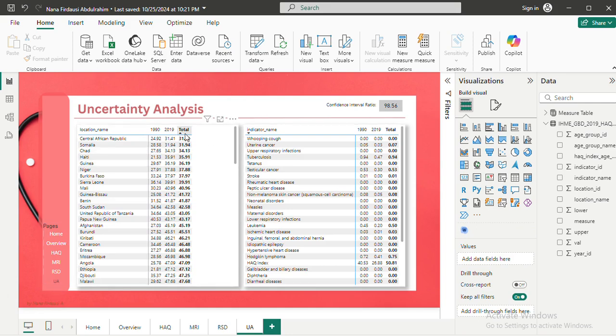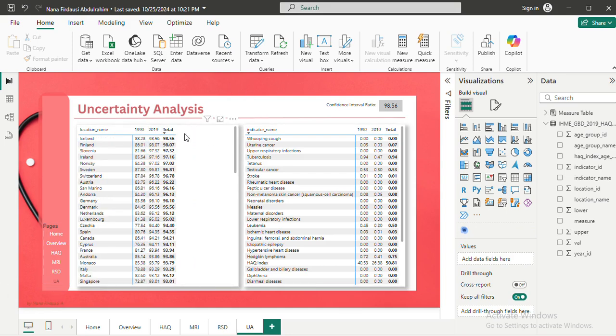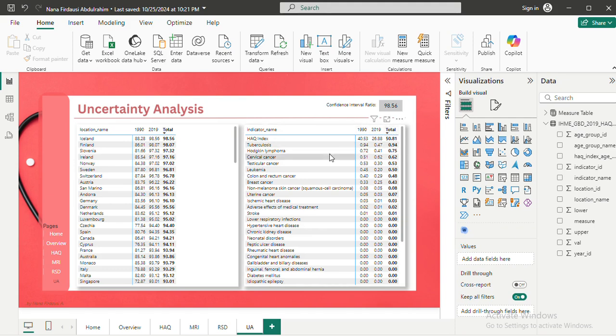Okay, so here we are comparing the CI, that's the confidence interval, to the diseases and also to countries here. What this means is the higher this total is, the less reliable the data collected about this is.